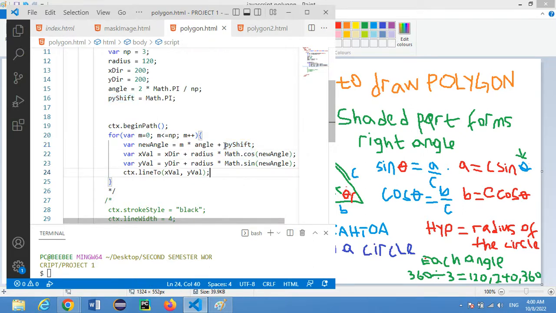Then for us to draw the line from one point to the other, we'll be making use of the lineTo method, which is a canvas API method.